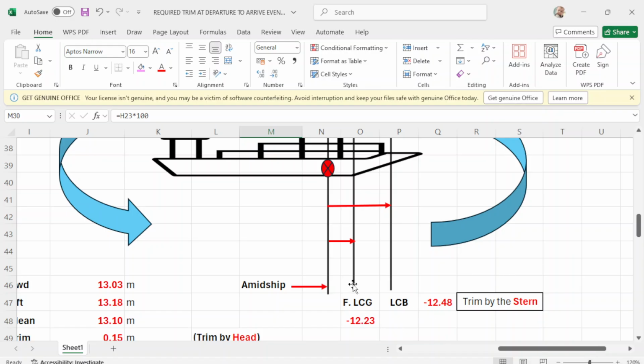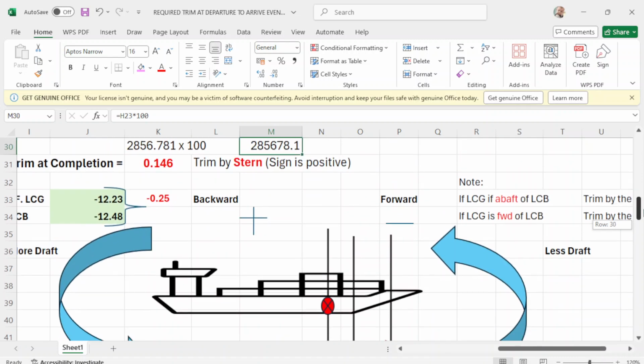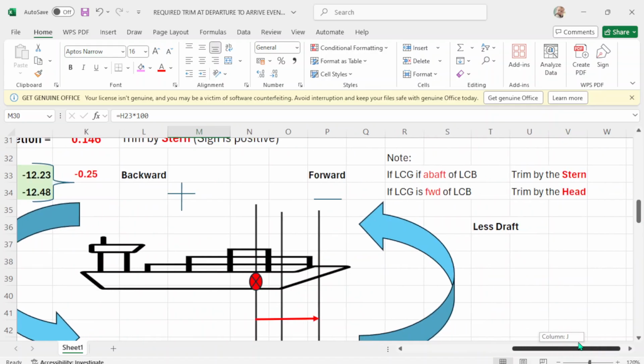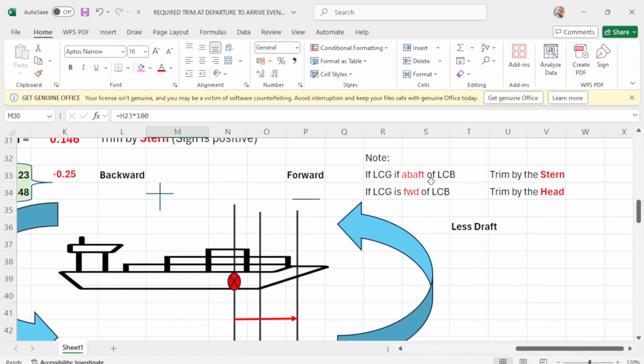Now take note, your LCG is behind LCB. Okay, so what is the rule here? If LCG is behind LCB, then you are trimmed by the stern. Meaning if your LCG is at the back of LCB, then you are trimmed by the stern.